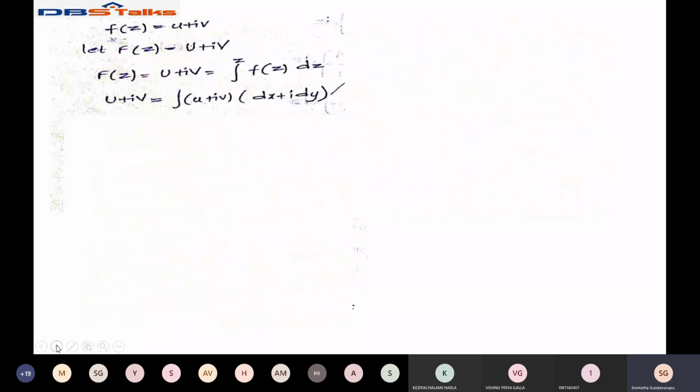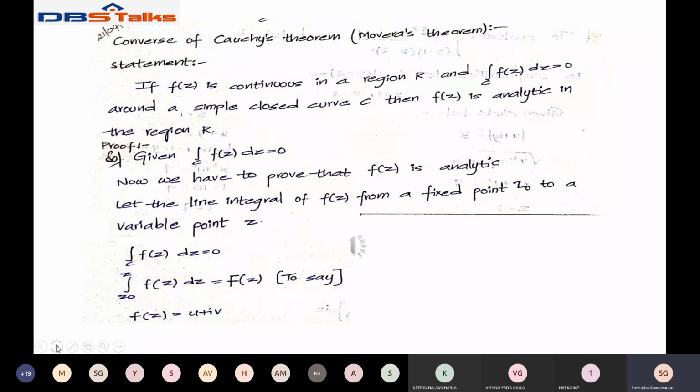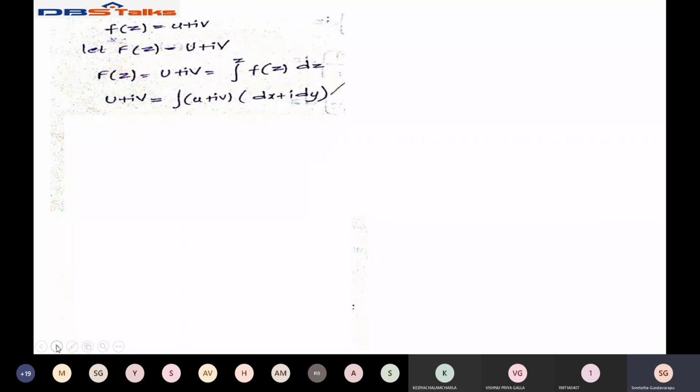Let small f of z equal u plus iv, and let capital F of z equal capital U plus i capital V. So F of z equals U plus iV equals integral z0 to z f of z dz. Then capital U plus i capital V equals the integral. Already we know that f of z is small u plus i small v and dz is dx plus i dy.